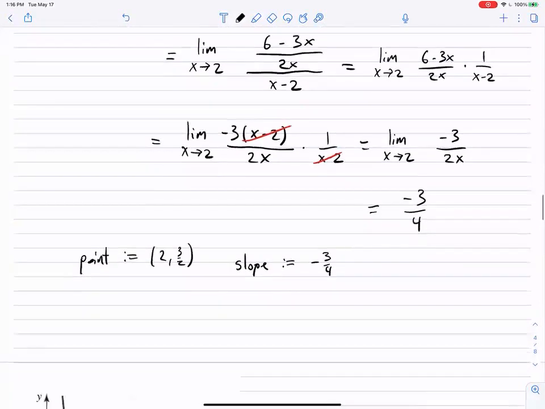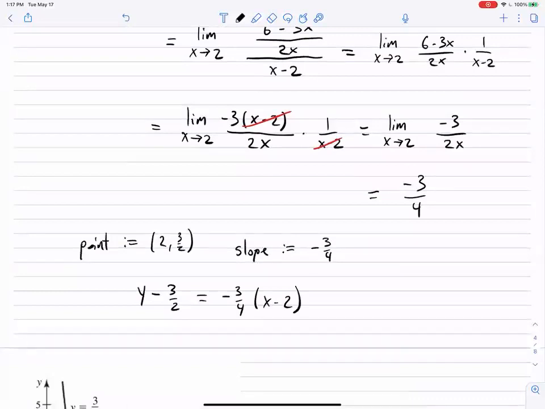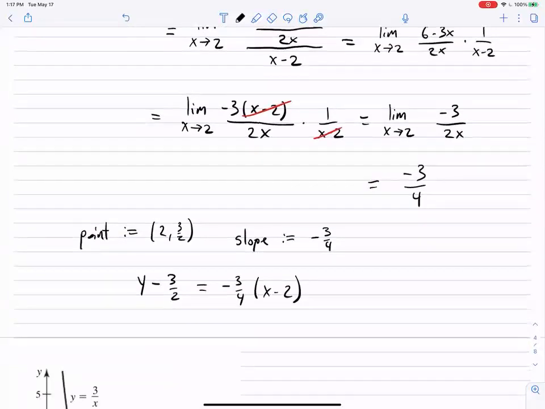The equation of our tangent line is just y minus 3 halves equals our slope, negative 3/4, times x minus 2. That's totally fine, you could just leave it like that. But if you want to put it in y equals mx plus b form, that's not hard. We just distribute, and you get y equals negative 3/4 x plus 3 halves, plus another 3 halves from the other side.